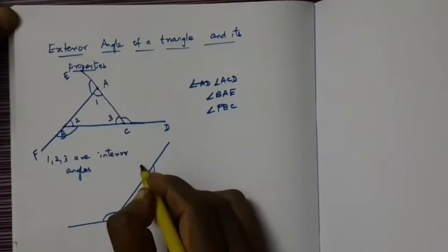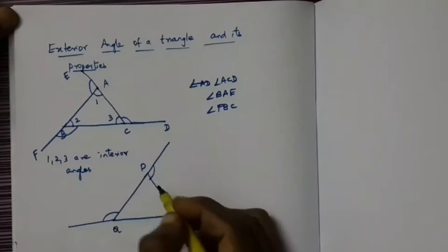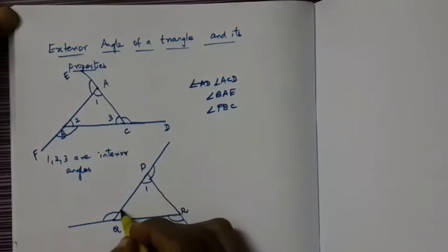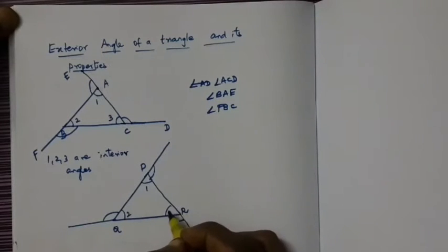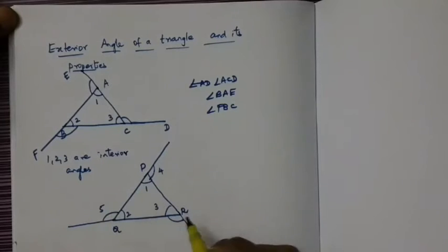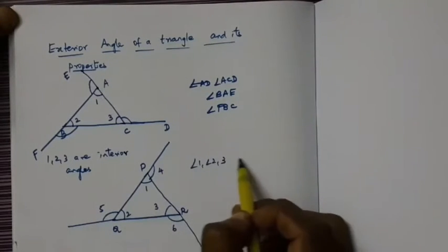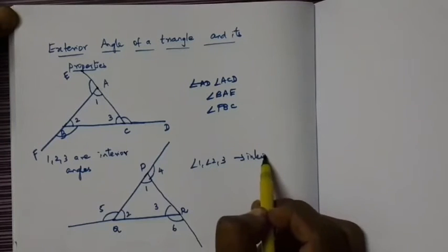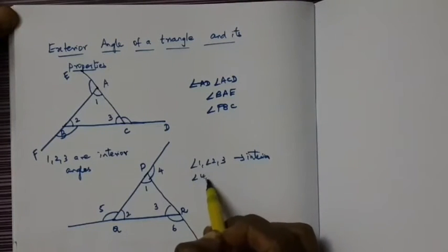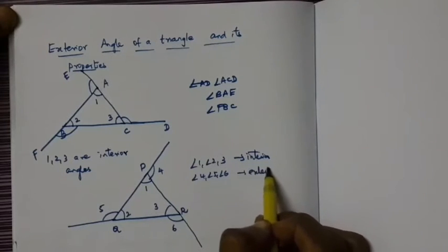Whatever is formed inside, suppose I mark the triangle as PQR. This is 1, 2, 3. This is 4, 5 and 6. Angles 1, 2, 3 are interior angles. Angles 4, 5, 6 are exterior angles.